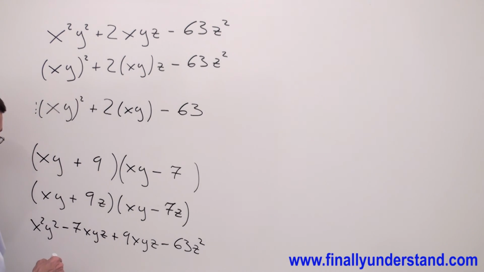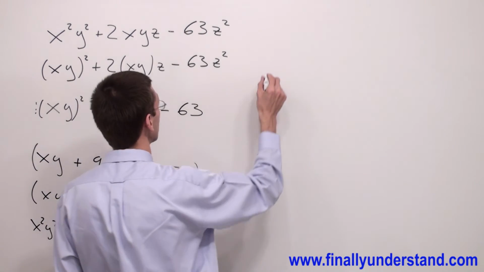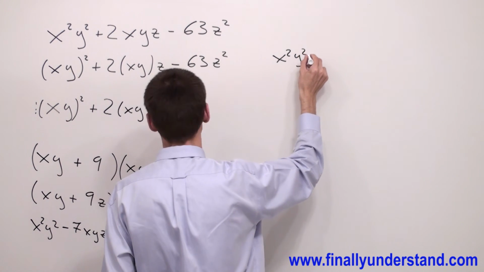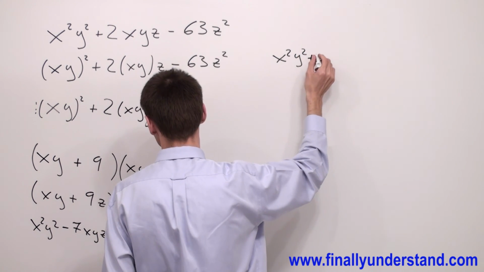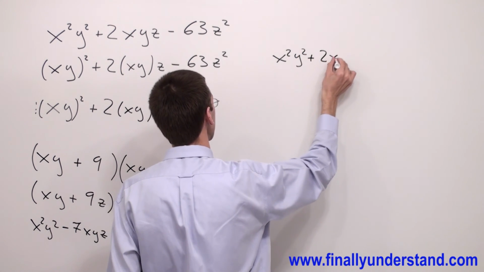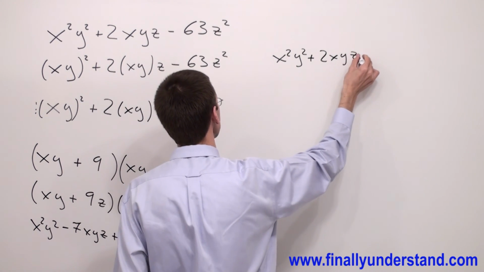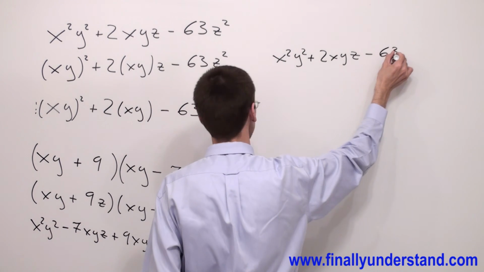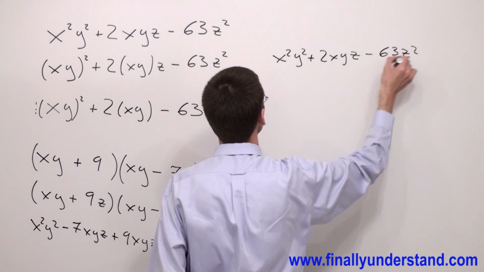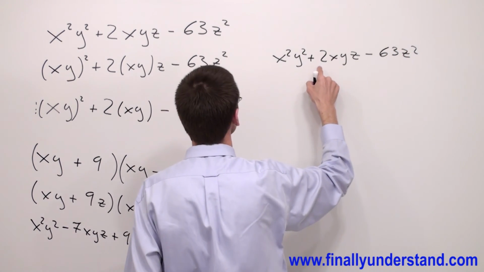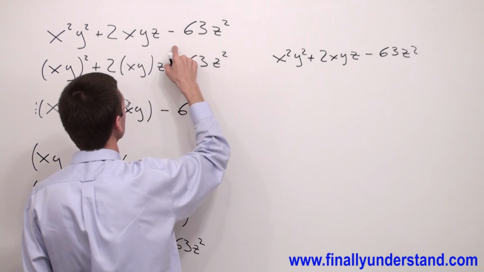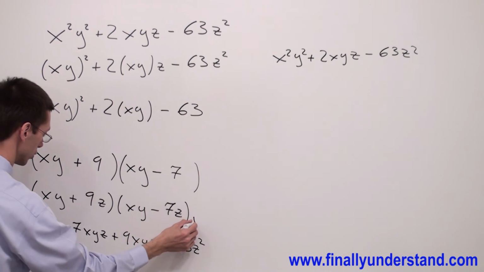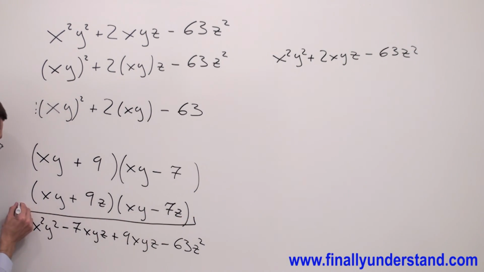Combine the like terms and you will have x squared y squared plus 2xyz minus 63z squared. As you can see, this is the original expression which we started with. So this is the solution to my problem.